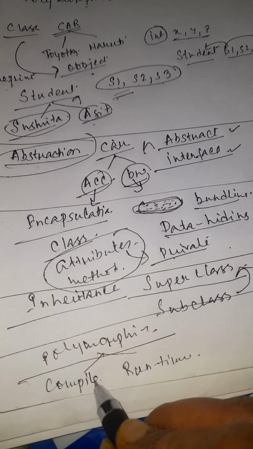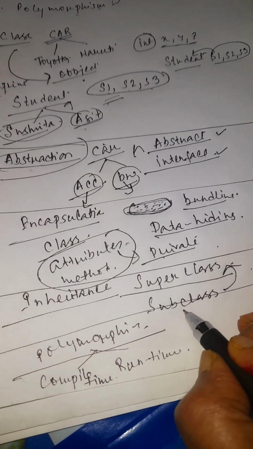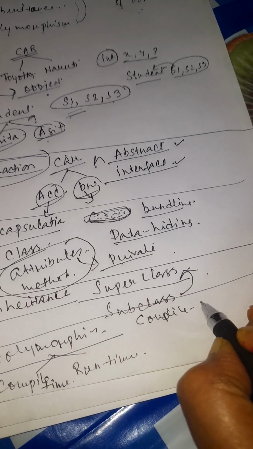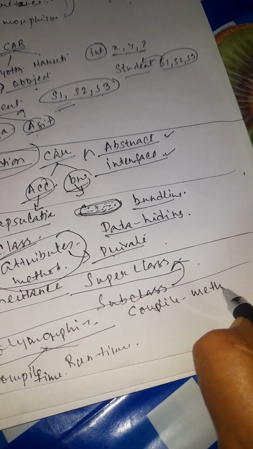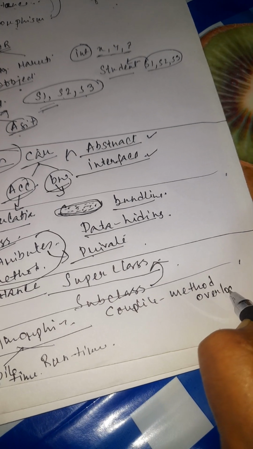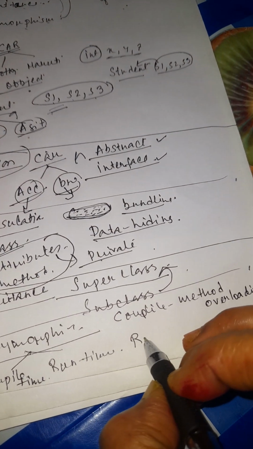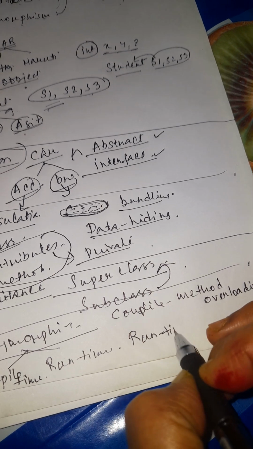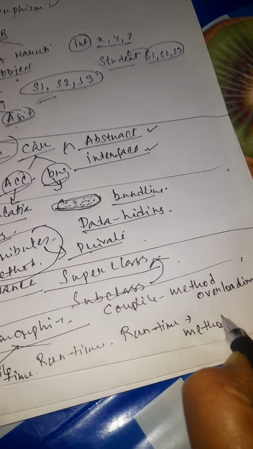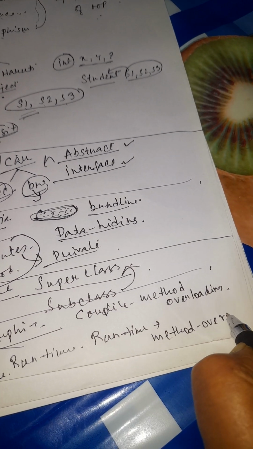This compile time polymorphism is also known as method overloading. And runtime polymorphism is known as method overriding.